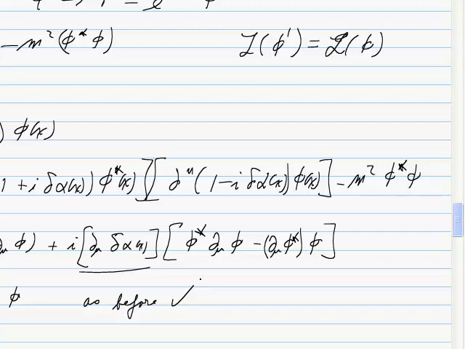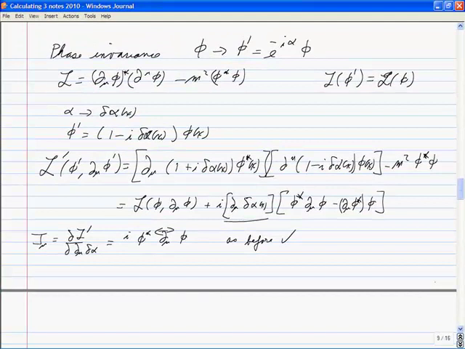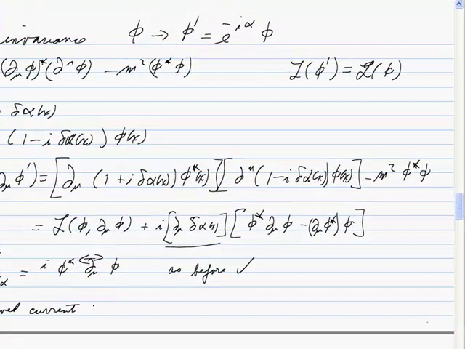Okay, so there's how we knew this current should be there. The phase invariance leaves this conserved current. You can give it various names. You could call it the number current.